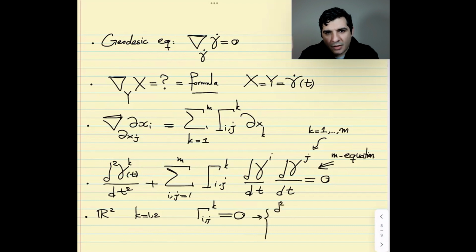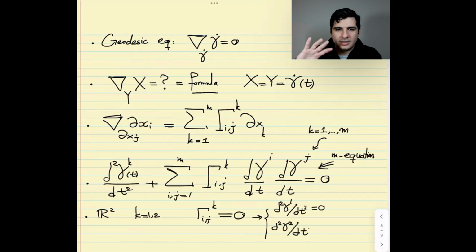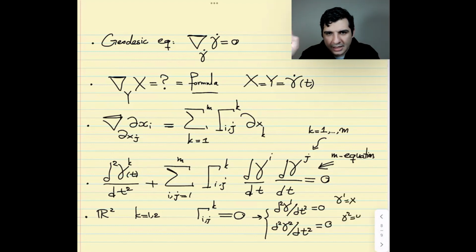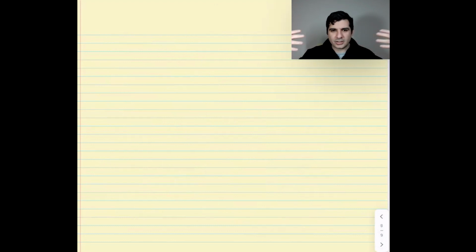The second derivative of gamma 1 with respect to t is 0, the second derivative of gamma 2 with respect to t equals 0. All the Christoffel symbol terms disappear. If we just do a change of variable, calling gamma 1 x and gamma 2 y, we get exactly the equation we saw: the second derivative of x with respect to t vanishes, the second derivative of y with respect to t vanishes. So this is the honest generalization of that line equation we had to Riemannian manifolds.